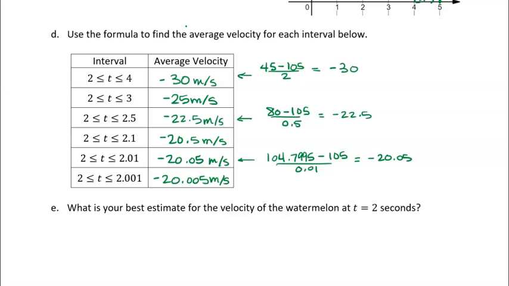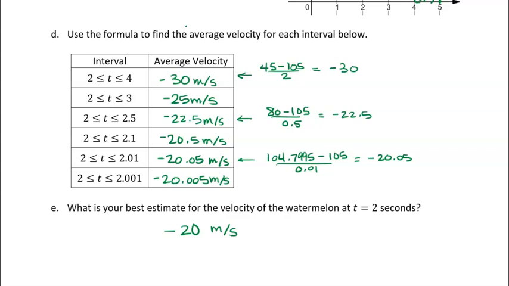I would estimate that the velocity of the watermelon at 2 seconds looks to be about minus 20 meters per second, if I round that off. It looks like that's what it's approaching as the time interval gets shorter and shorter.